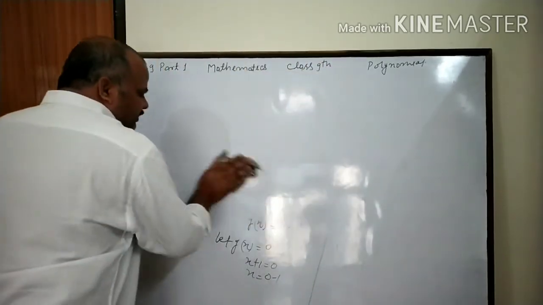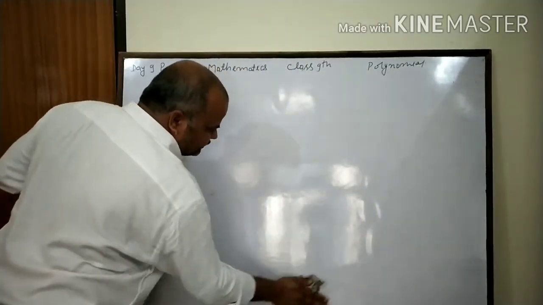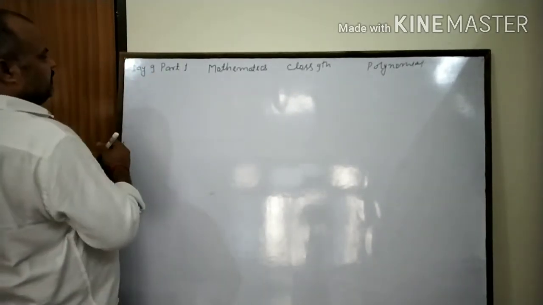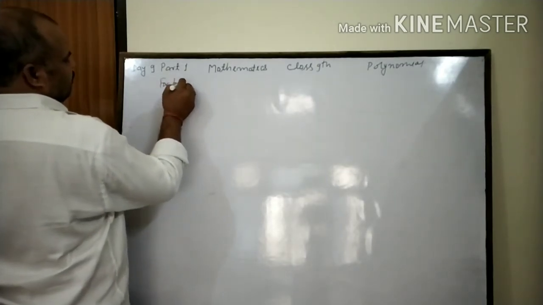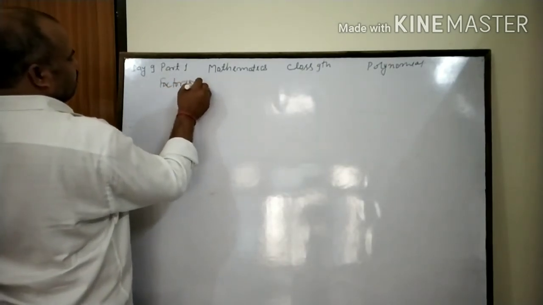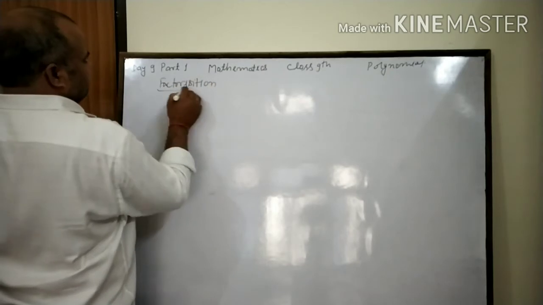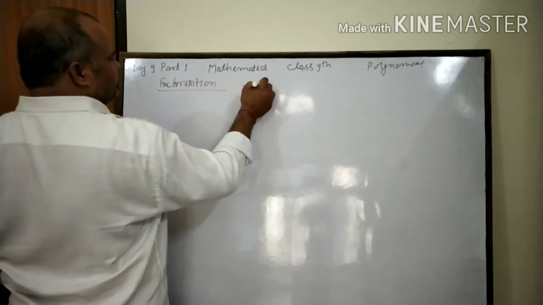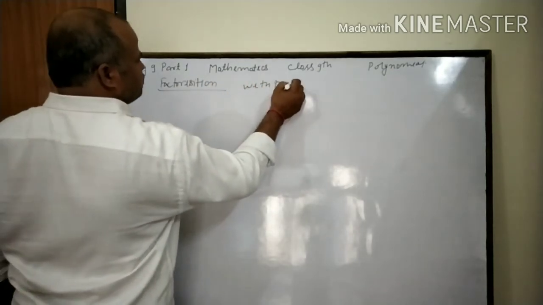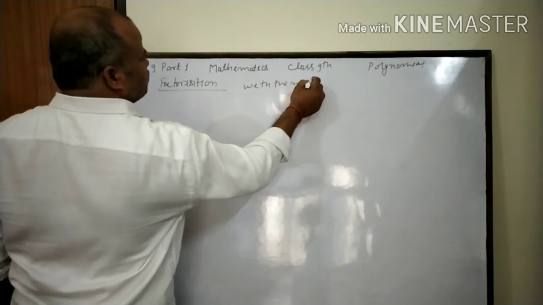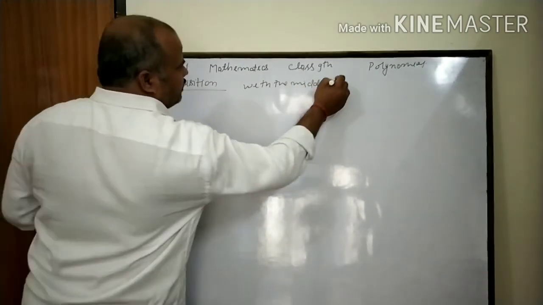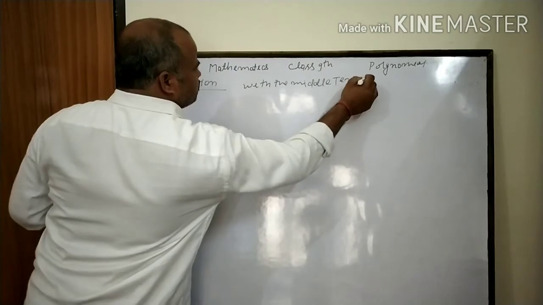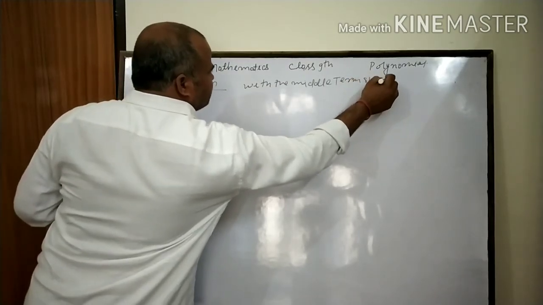Now, how can we factorize a question? One is the middle term split method: factorization with the help of middle term split.